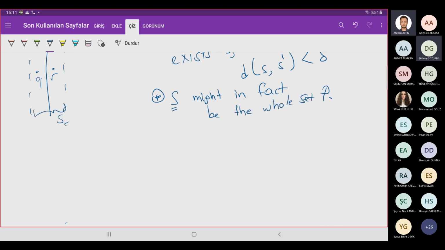Now I will write another lemma, which says that there are not many points in this region. Okay, and I will quantify what I mean by not many.